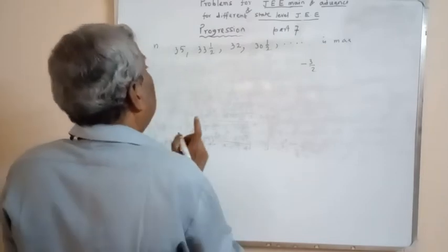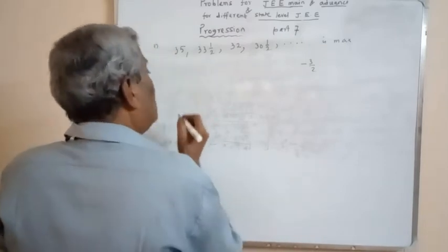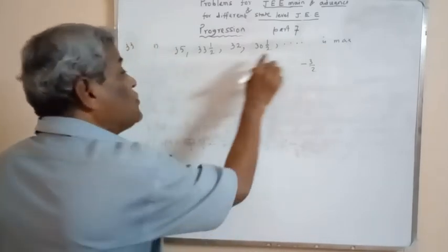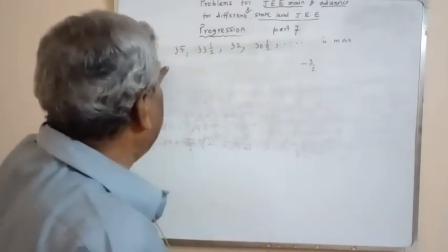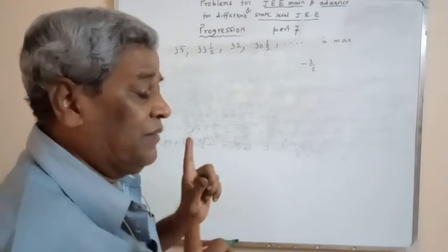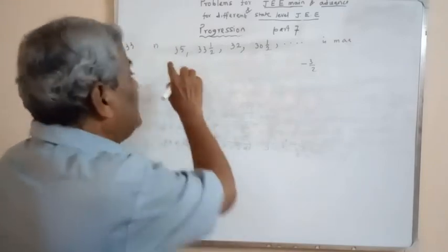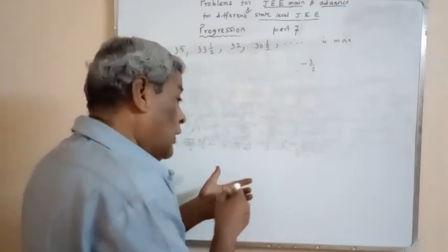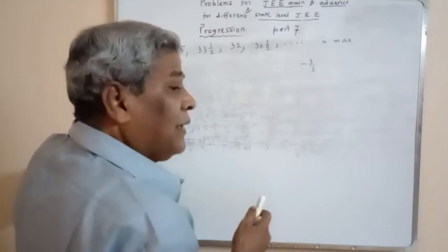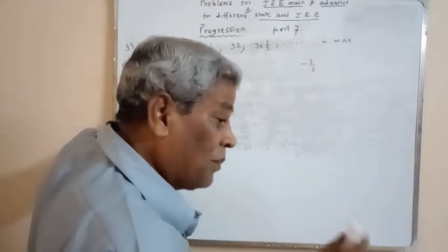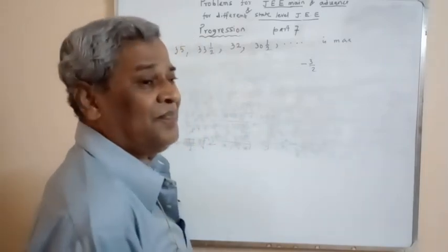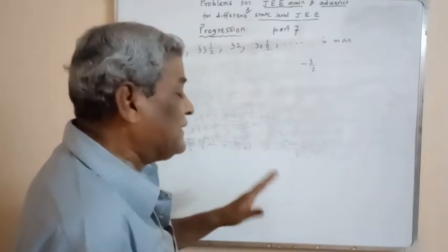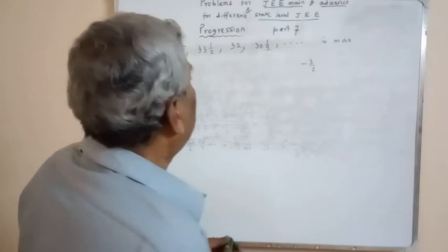So sum will be maximum so long as Tn is positive but Tn plus 1 is negative. Once again, the sum will be maximum so long as Tn is positive but Tn plus 1 is negative, because after that sum will decrease.